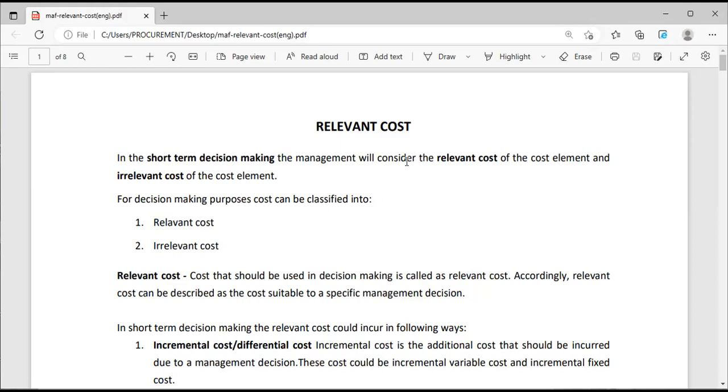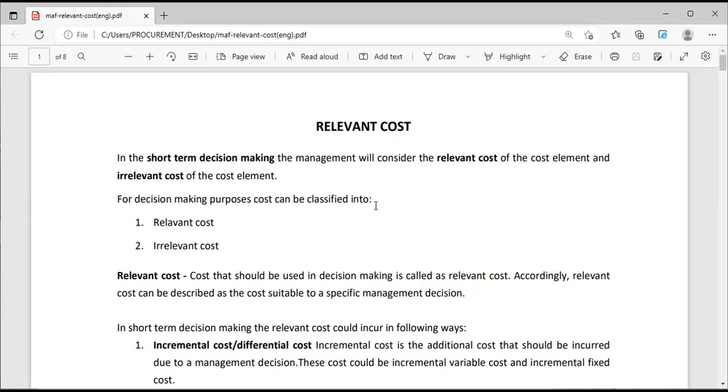But on that, I will just try to recap key points that you must be very aware of or take note of. In short-term decision making, the management will consider the relevant costs of the elements and irrelevant costs of the elements.